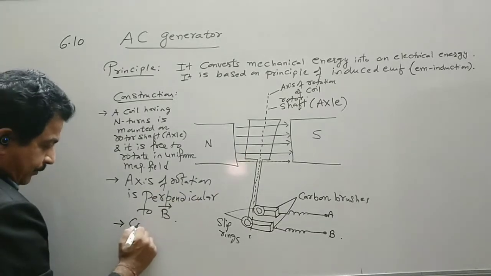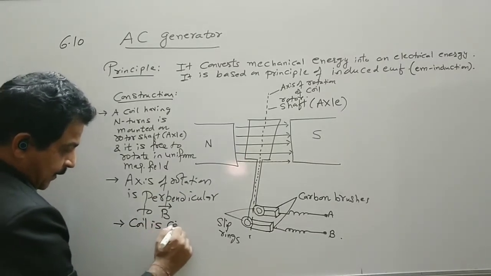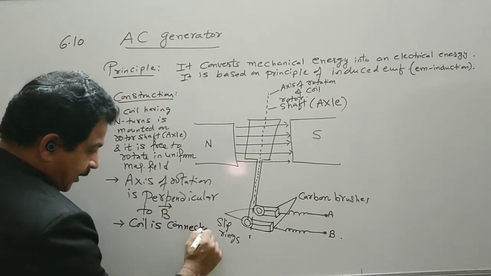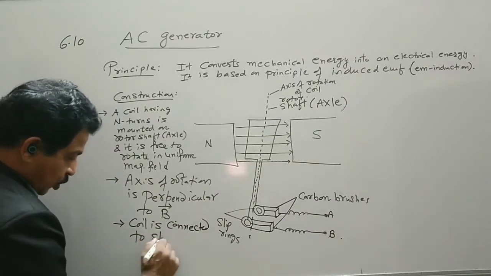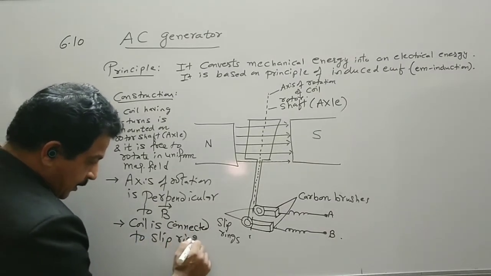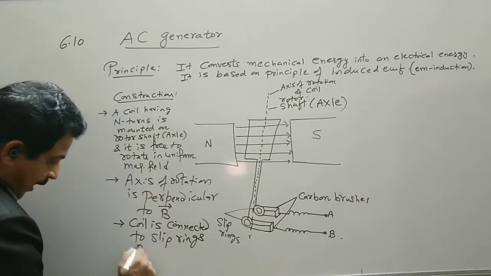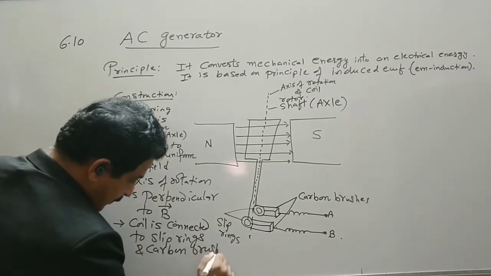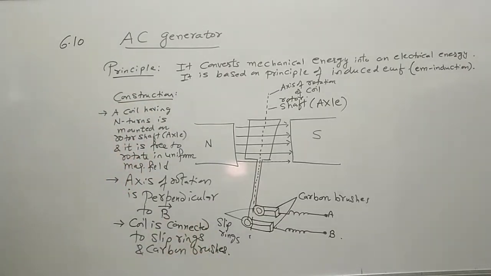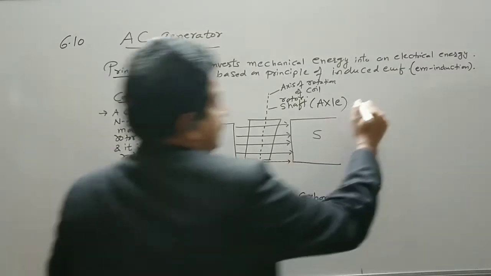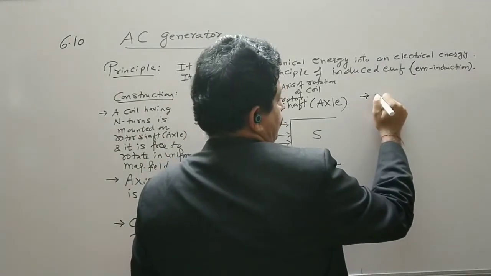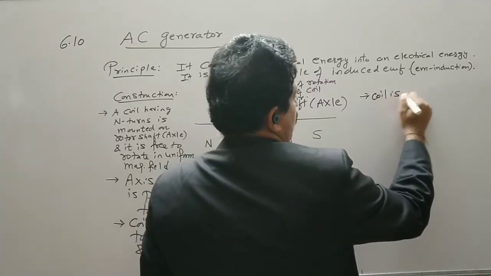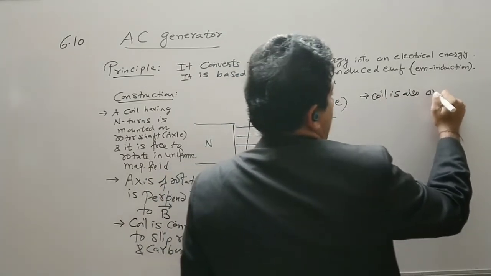Now this coil is connected to slip rings and carbon brushes, or we can say it is a carbon rod. The coil is also called armature.